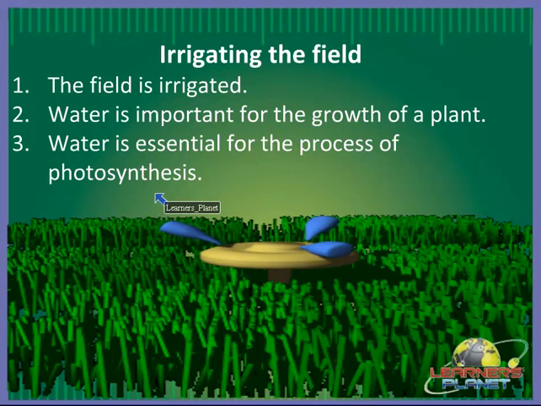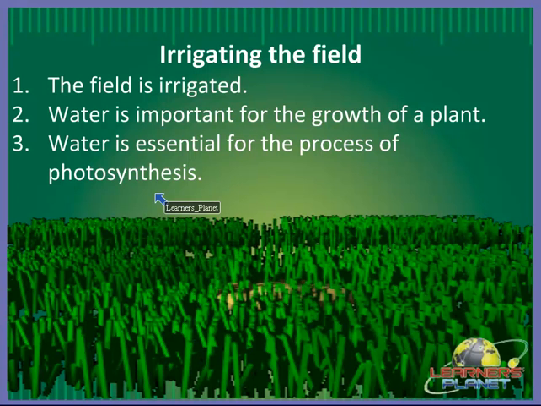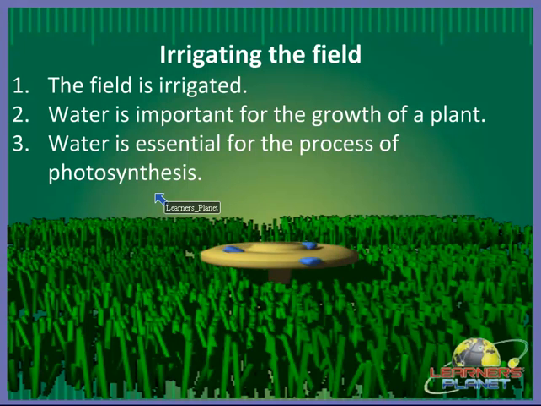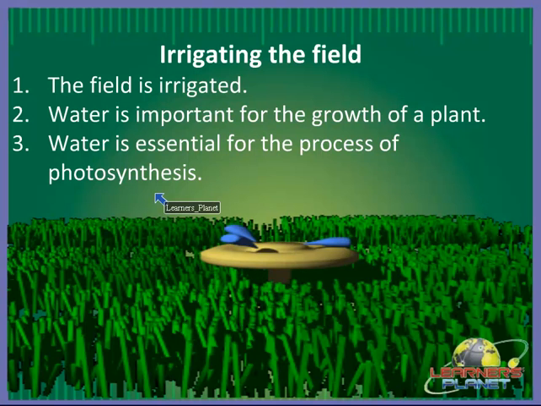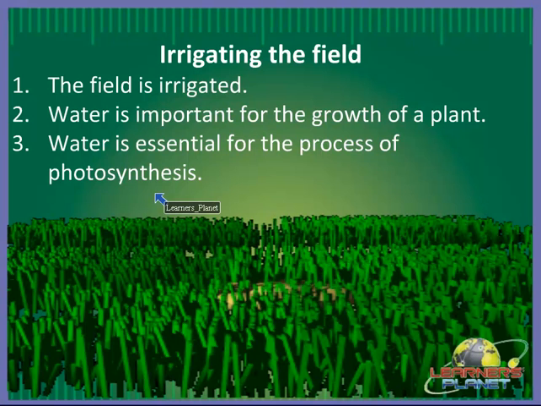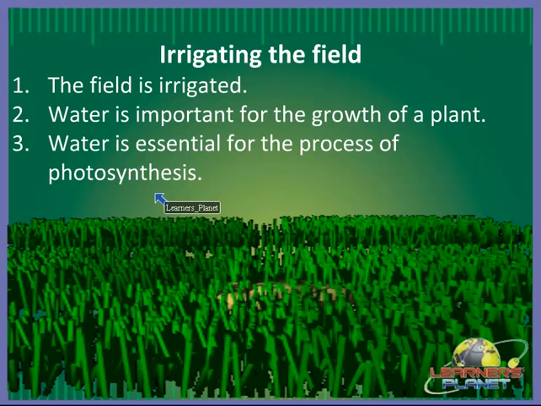So leaves play an important role over here. Leaves are a very important part of a plant which absorb water, carbon dioxide and sunlight, and prepare food called glucose or sugar, right?